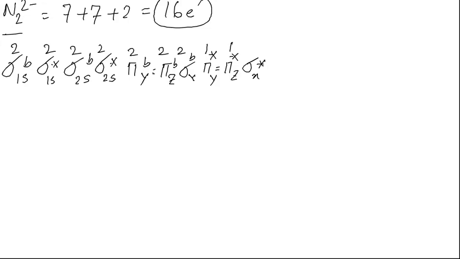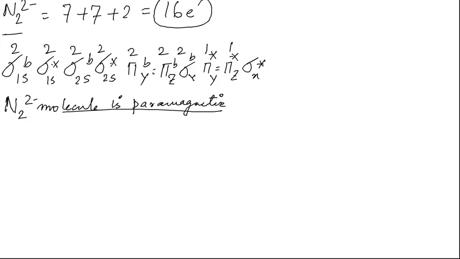On the whole we can say that the N2 2 minus molecule is paramagnetic, because of the presence of unpaired electrons on the pi star y and pi star z orbitals. Also the bond order for N2 2 minus is Nb minus Na divided by 2.